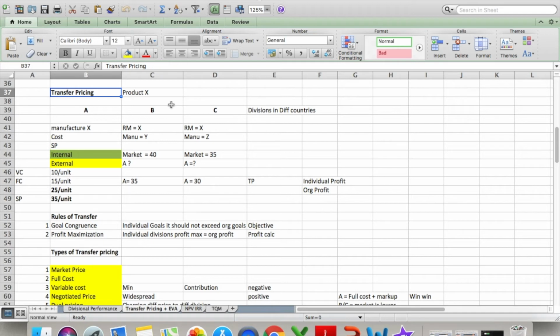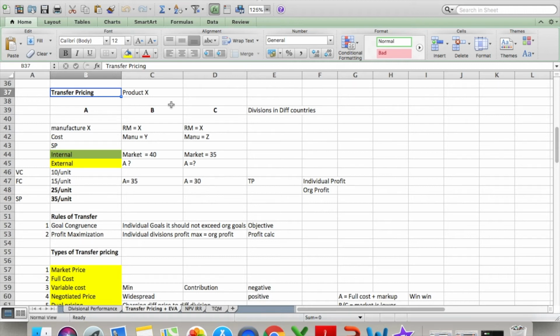So that's why my emphasis is on the divisional performance area, that they can give you at least two questions based on divisional performance, NPV IRR, which is capital appraisal techniques, and then they can give a separate question based on transfer pricing and EVA, right?